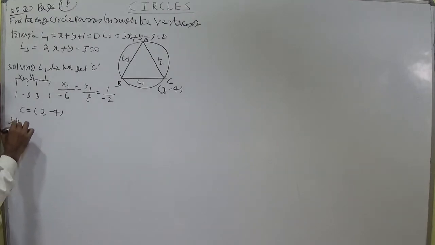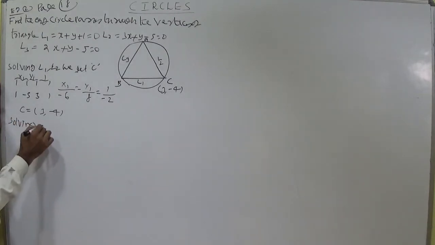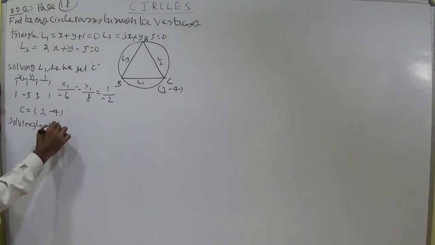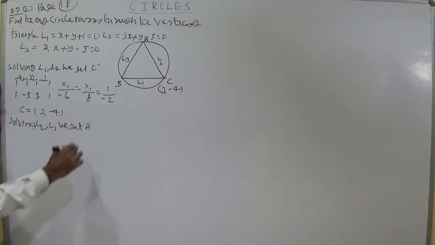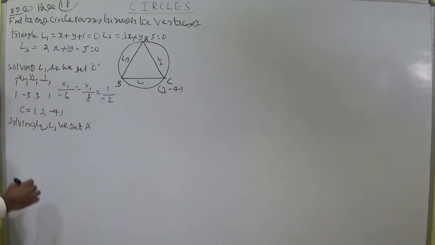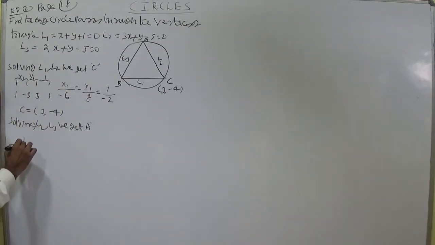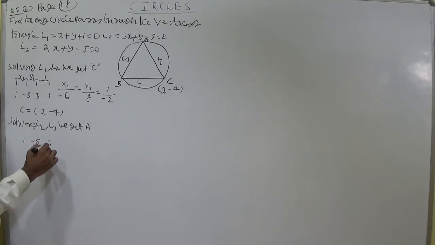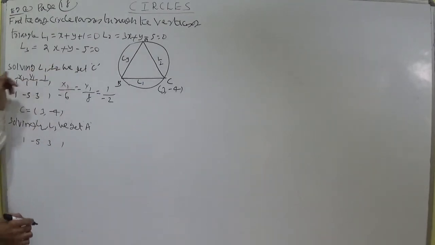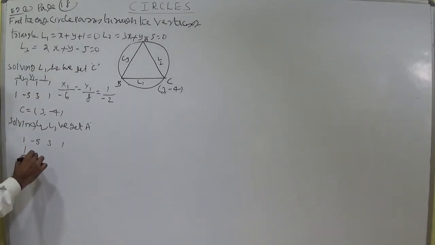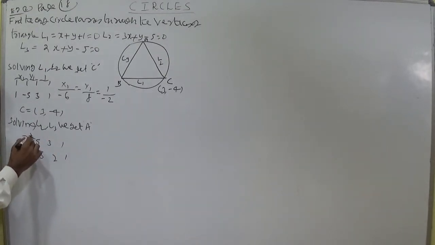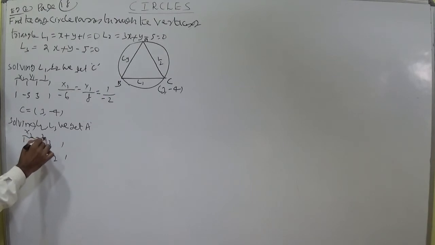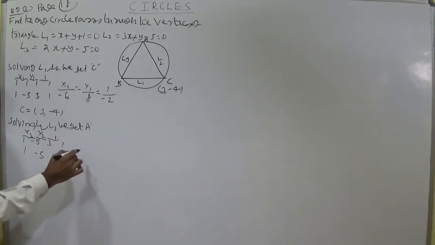Now you write here, solving L2, L3, we get A. Using the point of intersection method, you write here 1, minus 5, 3, 1 and 1, minus 5, 2, 1. This is for x2, this is for y2, this is for 1.